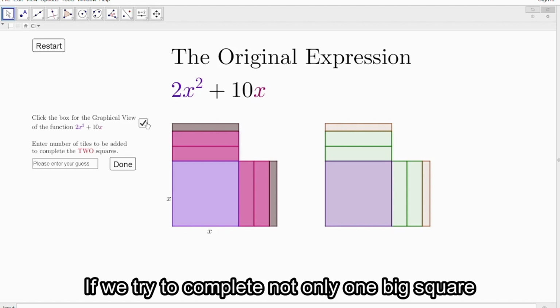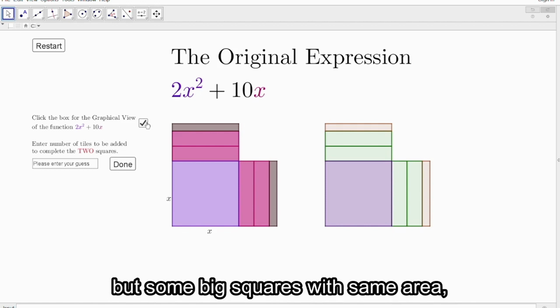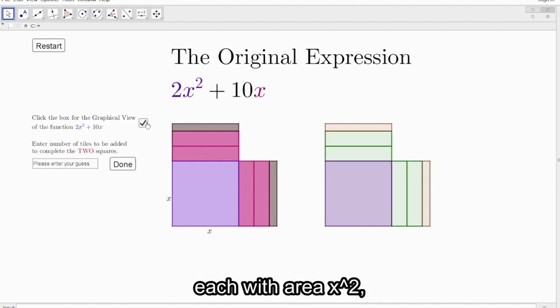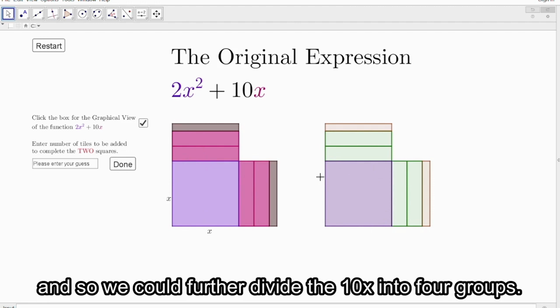If we try to complete not only one big square, but some big squares with the same area, then we could simply divide 2x squared into two groups, each with area x squared. And so we could further divide the 10x into 4 groups.